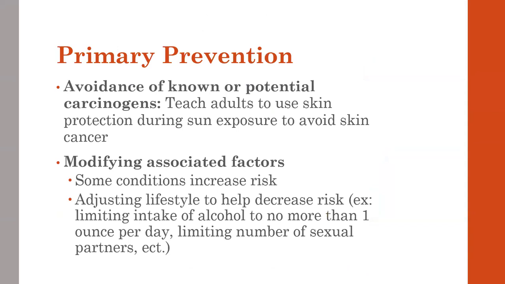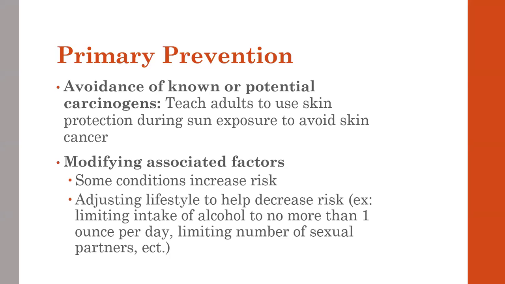Primary prevention. So there's things called primary prevention, secondary prevention, and tertiary prevention. Primary prevention is going to be treating the problem before it happens. Okay. So we want to stop the cancer before it ever happens.